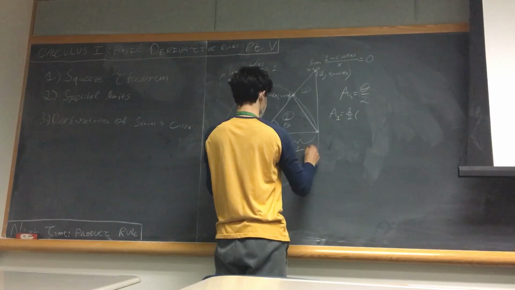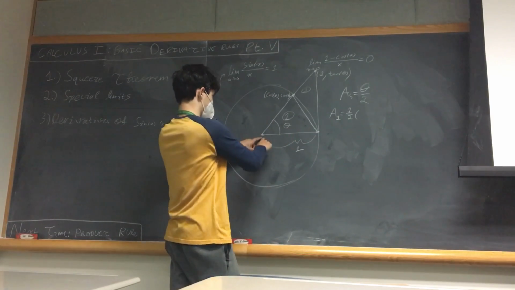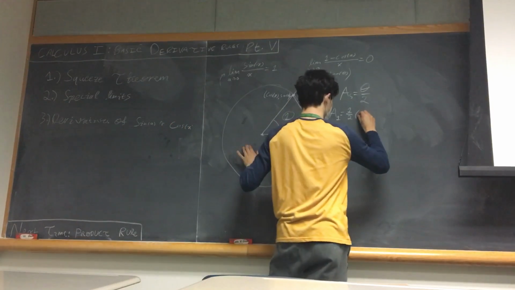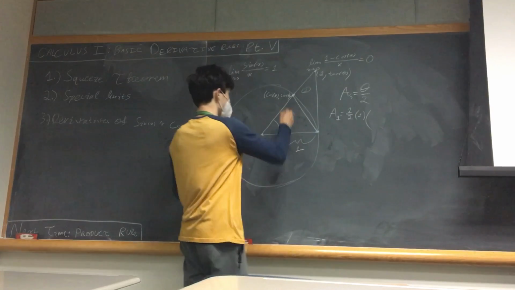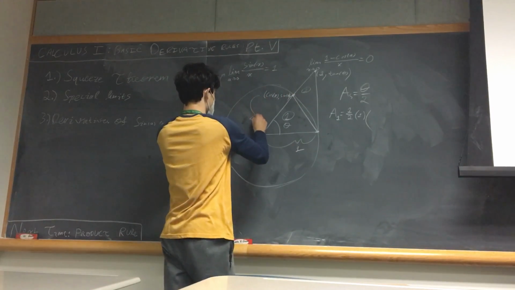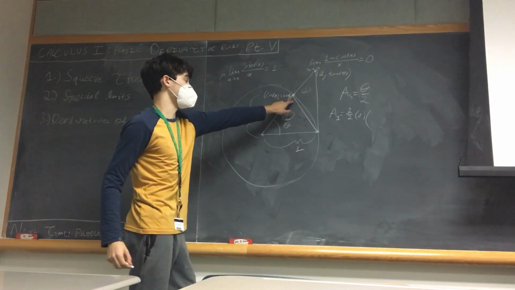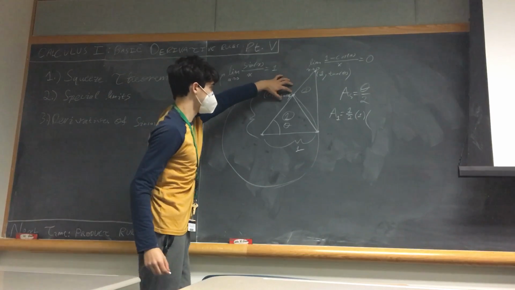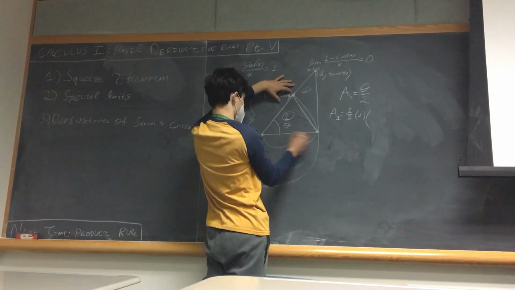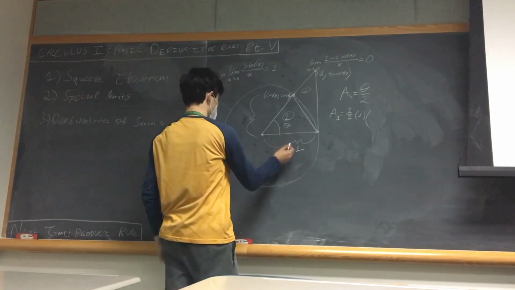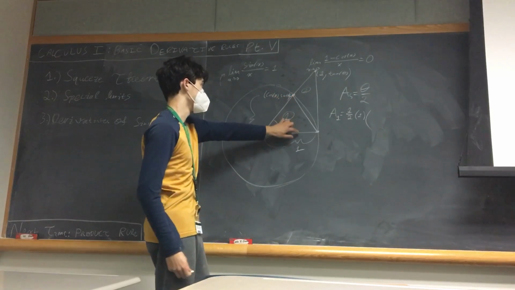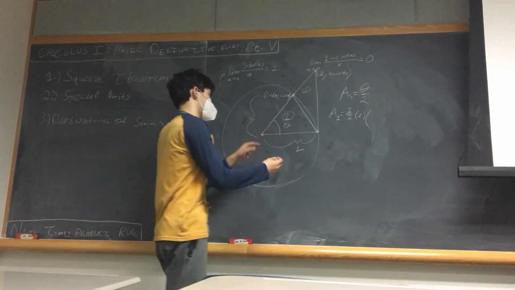Its base is just 1, because this radius is 1, times its height. Its height is the y value of this point here, minus this y value, which is 0. So the height here is sine of theta.